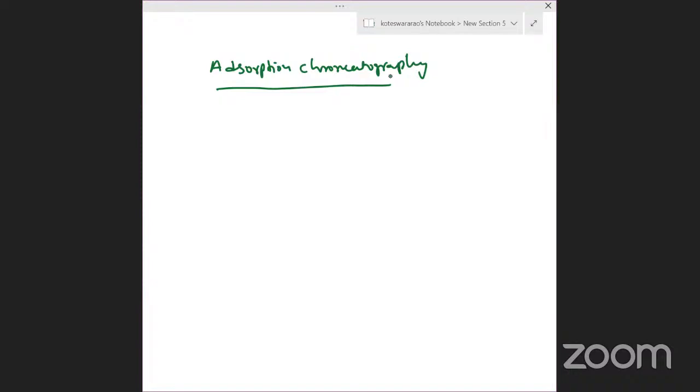Therefore, strongly bound or strongly adsorbed compounds move slowly, and weakly bound or weakly adsorbed compounds move with greater speed along with the mobile phase.